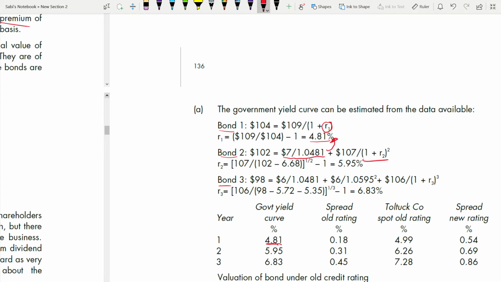Bond 2 is renewable in 2 years' time. So now you have to make r squared the subject of the equation to find it, because the rate will be different for the second year. Let me show you this equation. It looks a little complicated.